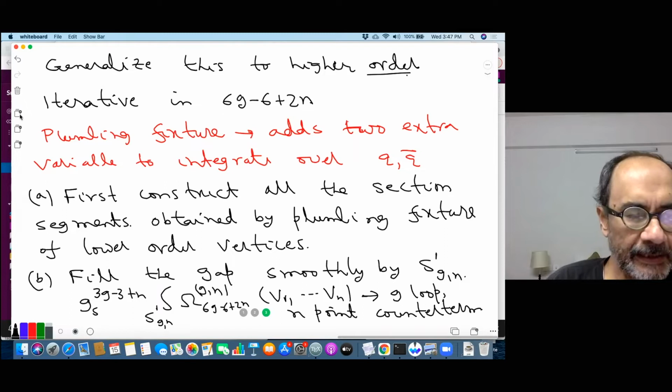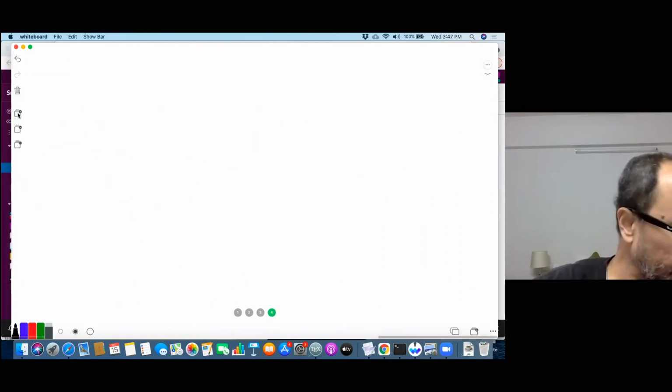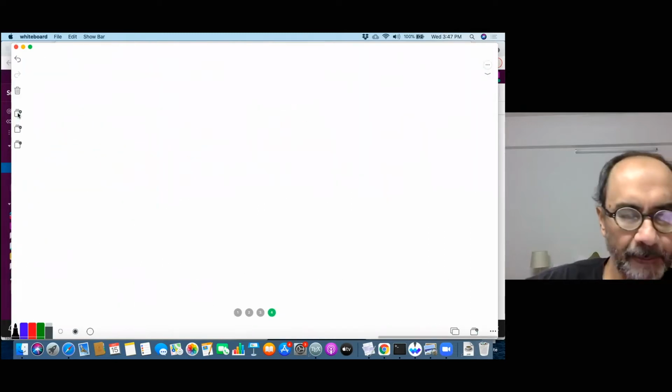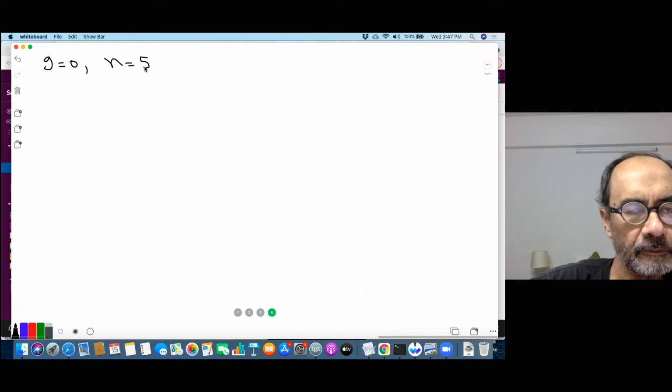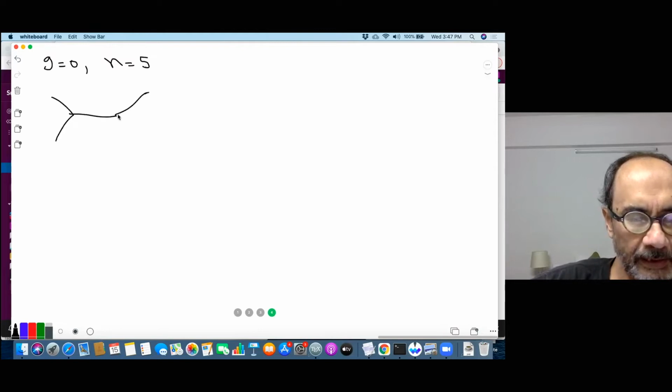So let me just show some examples. Maybe it will become clearer. So for example, take g equal to 0, n equal to 5. To do g equal to 0, n equal to 5, we first construct the lower order Feynman diagrams. So here is 1, 2, 3, 4, 5.